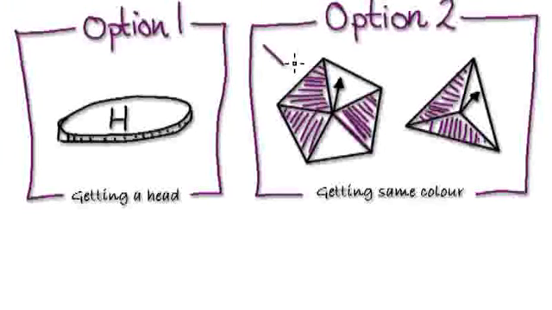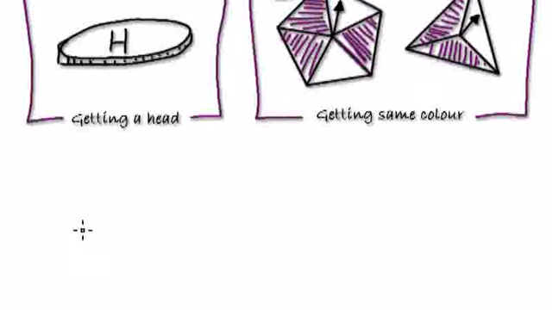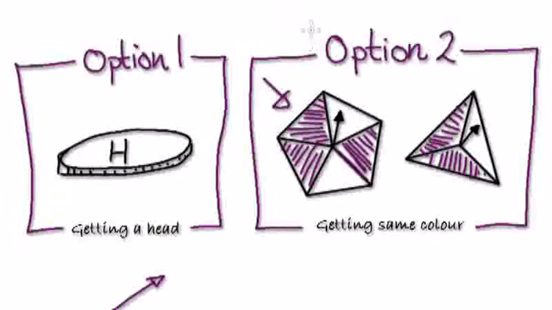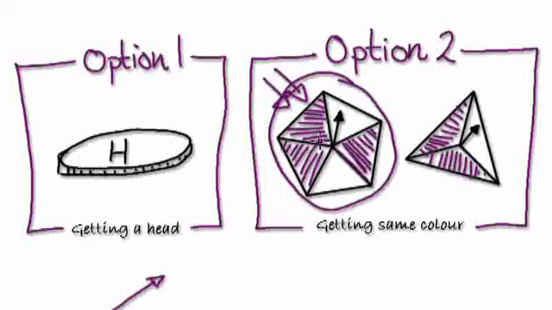So starting with this spinner here, let's draw a map of all the things that could happen. Pretend you're spinning this once. You could get a purple or a white one. That's the only thing that could happen, either purple or white.